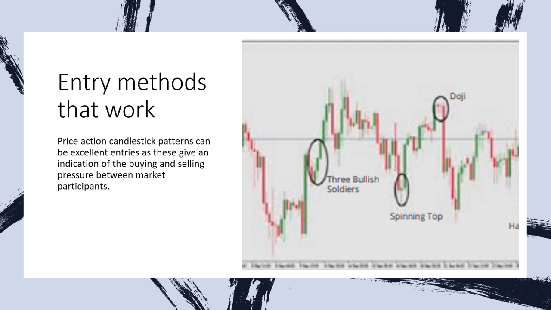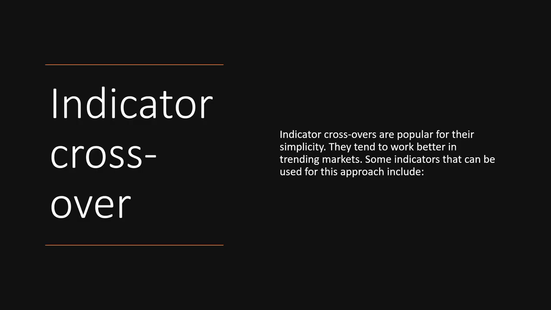An entry point might be the last long wick. Could be the higher high, the higher low. It could be the last short body candle. Could be when you saw an engulfing candle, what was the open price. Whatever it is, price action candlestick patterns can be excellent entries, as these give you an indication of the buying and selling pressure between the market participants.